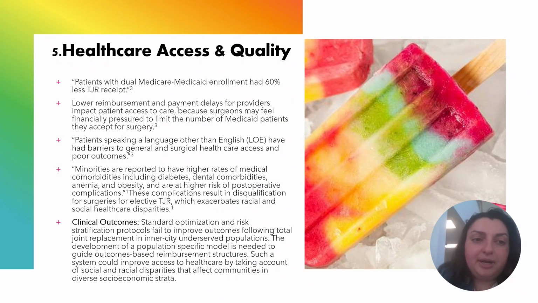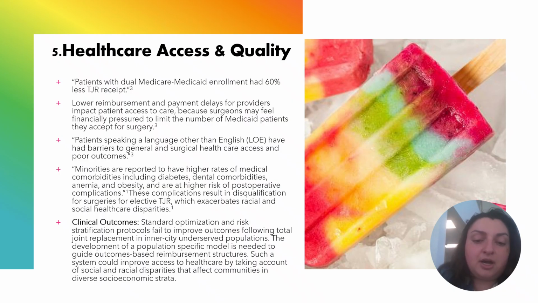So this creates a disparity and sort of a bottleneck effect where there are many patients left waiting who are underserved. And another important factor to consider would be medical comorbidities. Minority groups and highly vulnerable populations are reported to have higher rates of these comorbidities, including diabetes, dental issues, anemia, and obesity, as well as a higher risk of postoperative complications.